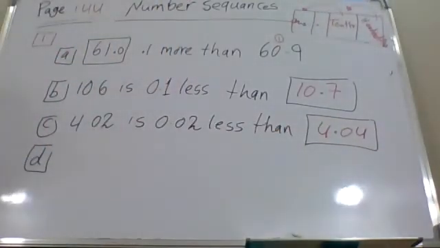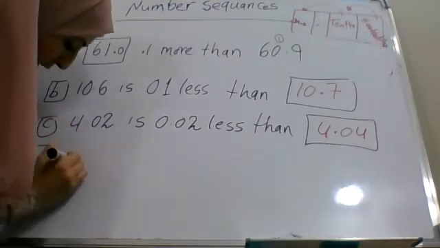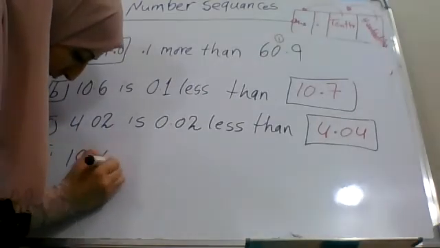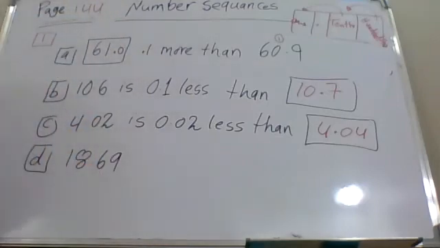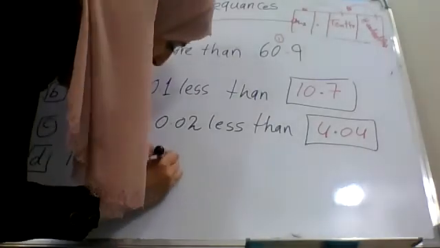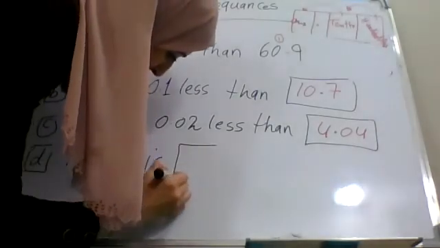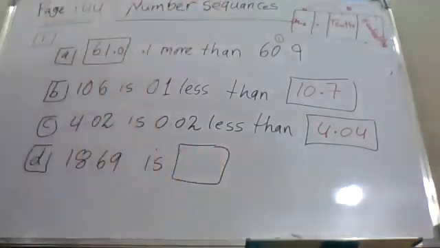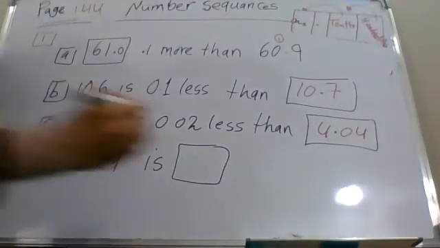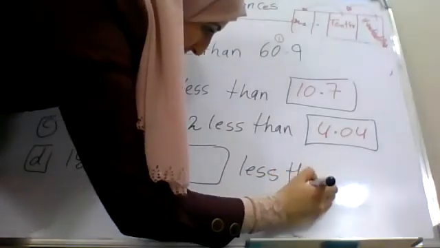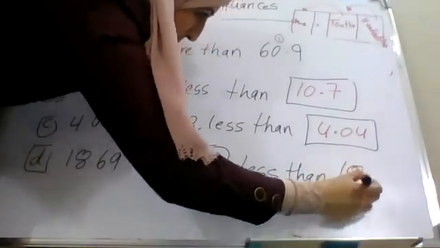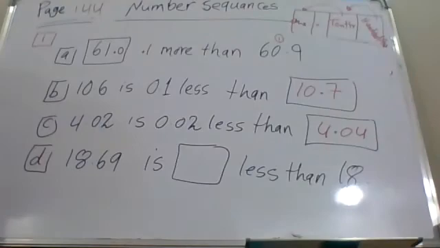The last number, which is D, which is 18.69, okay, 18.69. I think they will do some trick with the 9 because I have 9 here, okay? Is 18.69 less than 18.74?